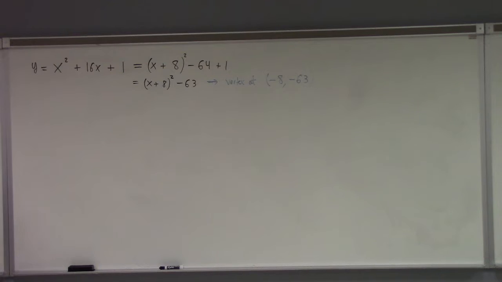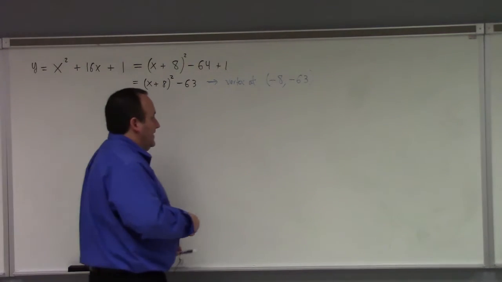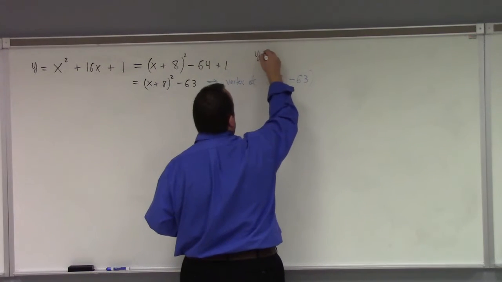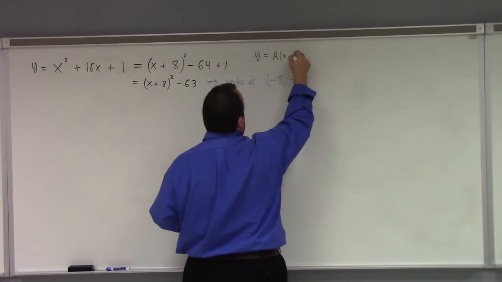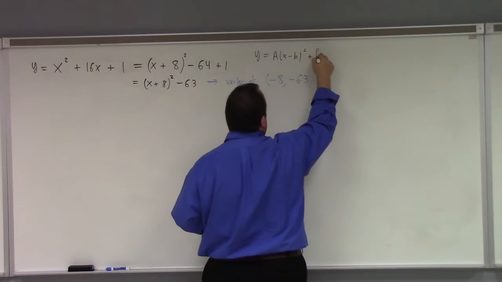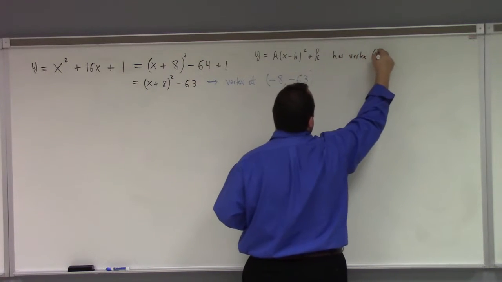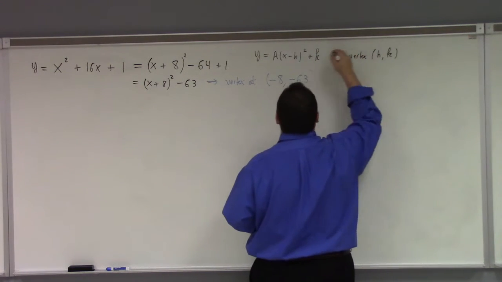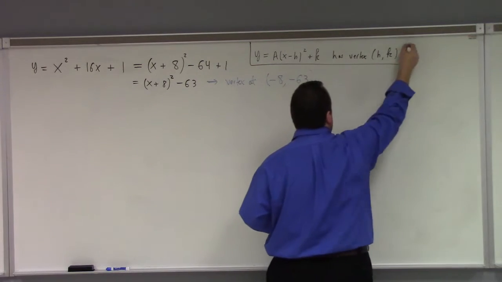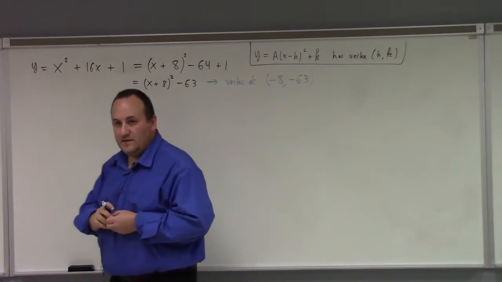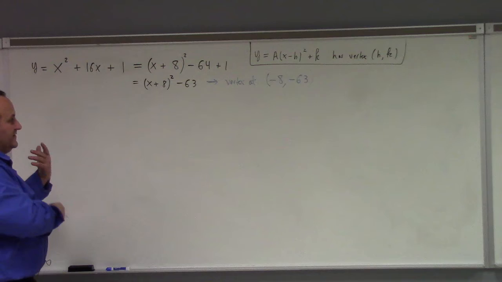So the idea there, of course, is we're always thinking back to our basic template, y equals a times x minus h squared plus k, right? Has vertex h comma k. So we can compare to that basic template, so to speak, right? Or you can think about it logically.